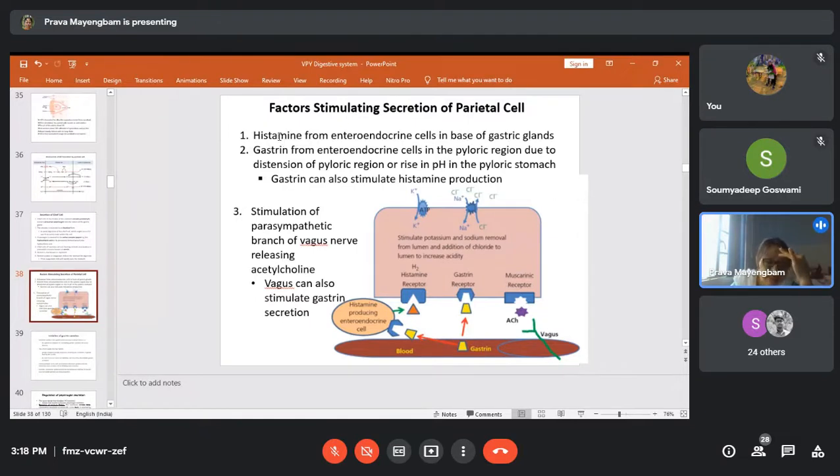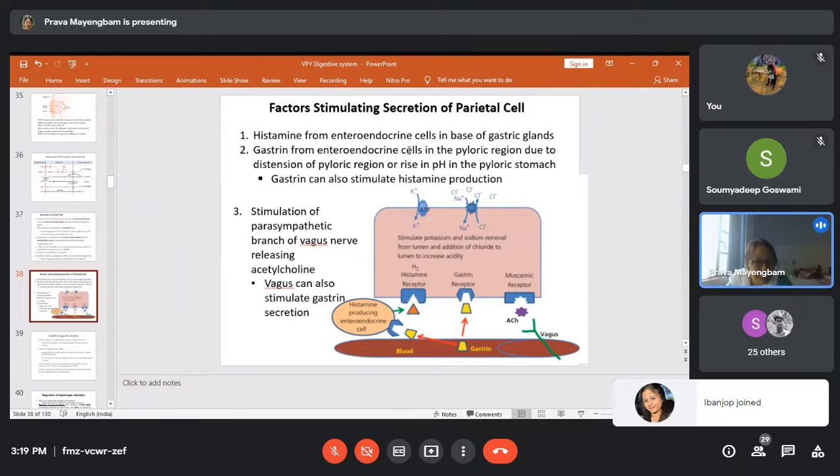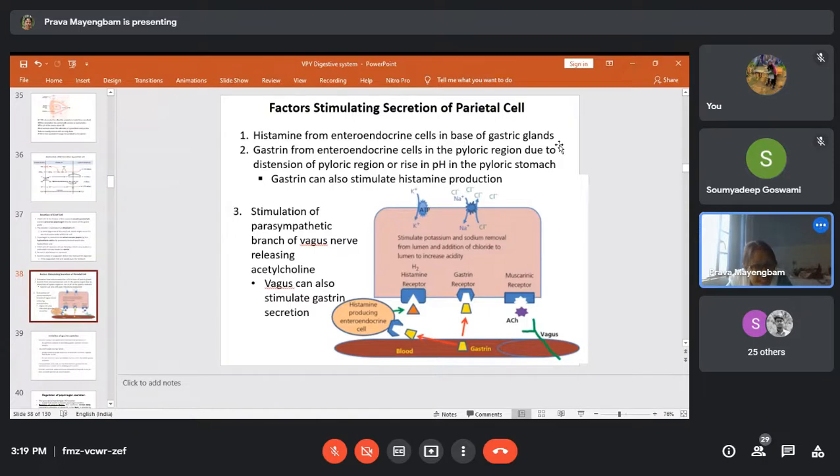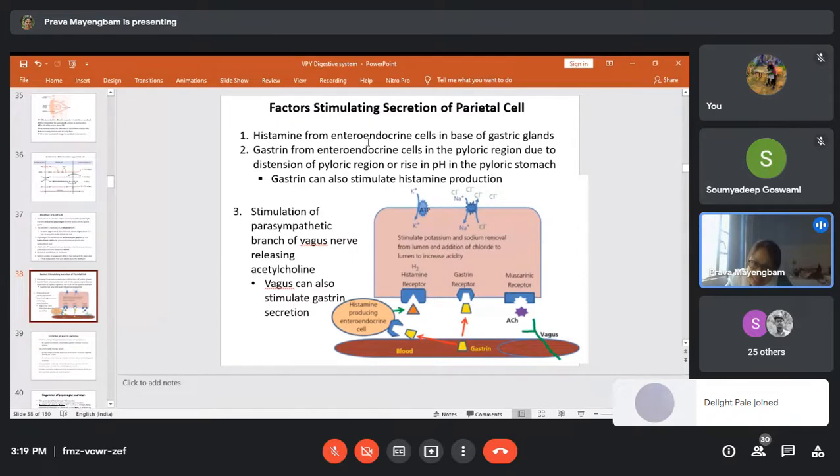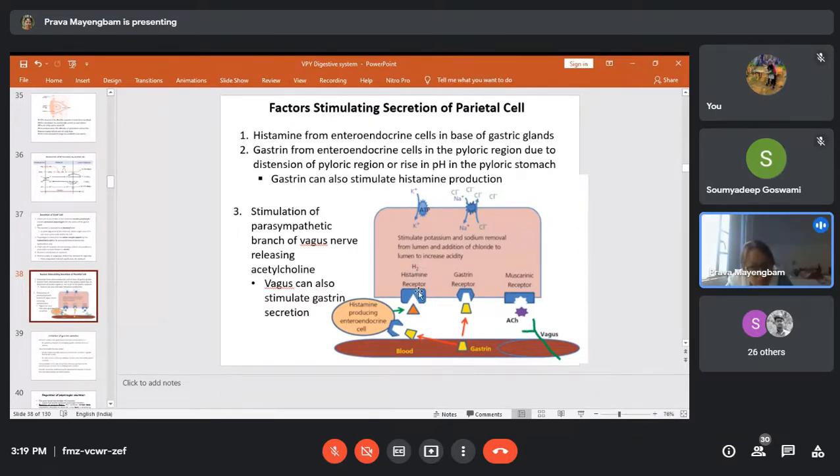Whenever there is more secretion of histamine in the body, the histamine will act onto its receptors. The gastric glands also have histamine secretion.